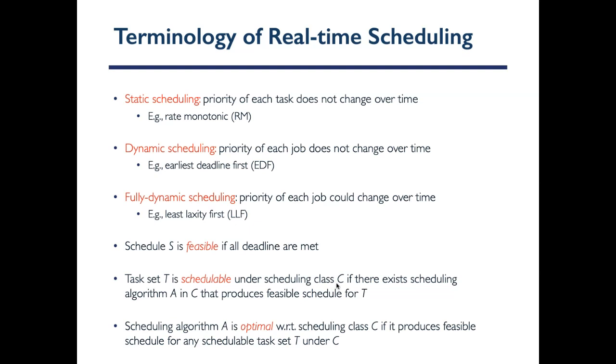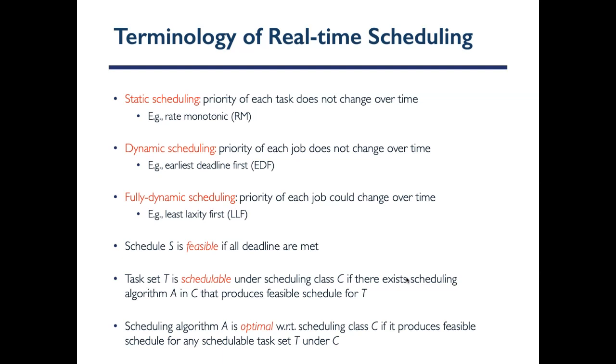If we focus on static schedulers, we could say a task set is schedulable under a static scheduler class if I can find one scheduler inside this class that can produce a feasible schedule for this set.